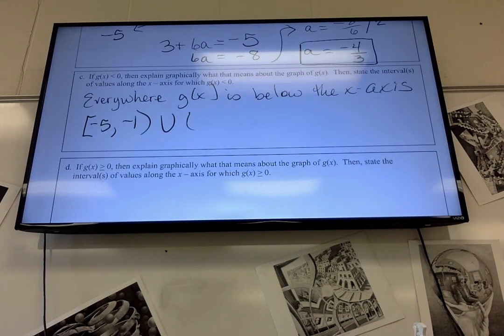It doesn't include 6 because 6 is on 0. No, because we're talking about the x. So x is going to the right, so it's positive. Good question. Anytime you're asked to give the intervals, it is always with x values.